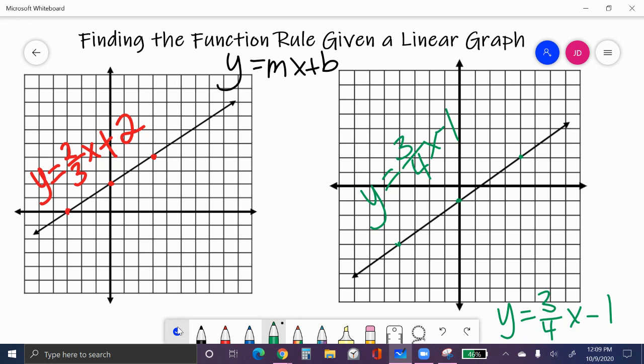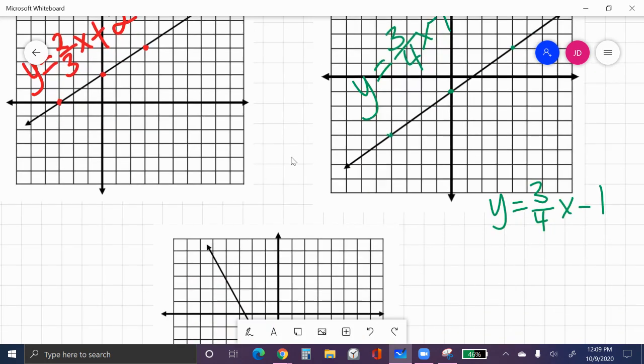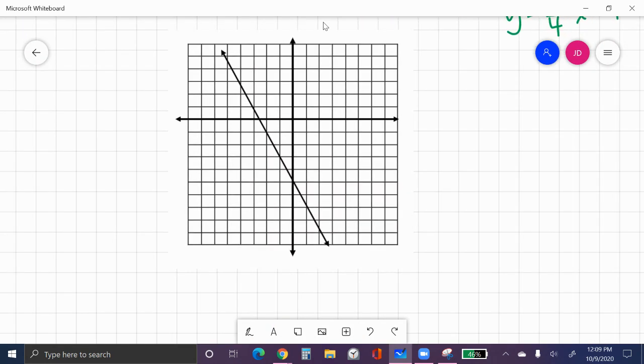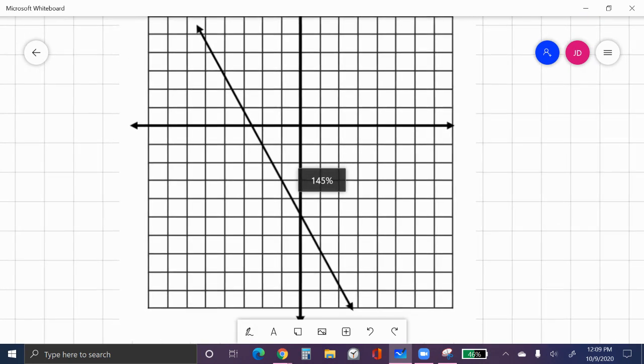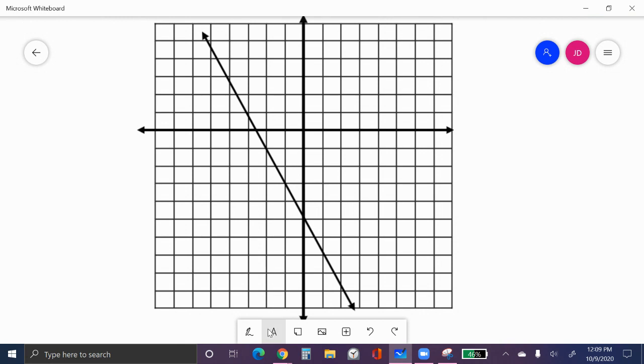All right, let's look at one more. This one down here. So you notice already this is going down from left to right. I'm going to make this a little bigger just so we can see a little bit better. All right. So I'm going to start on the left here. It doesn't hit a grid line nicely until, I want to say, here.